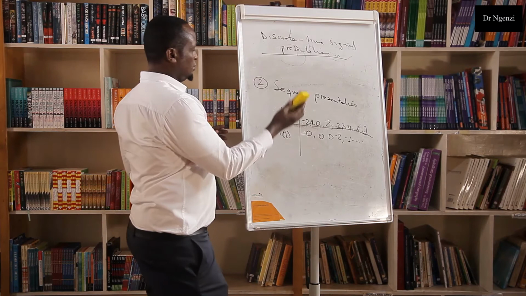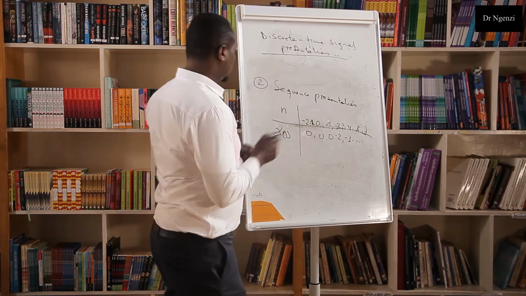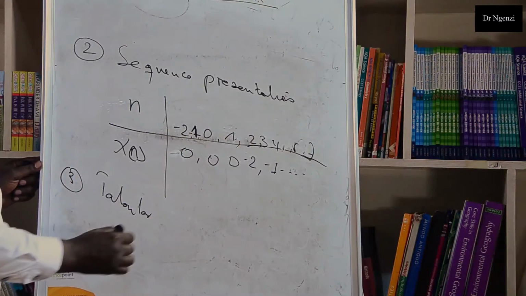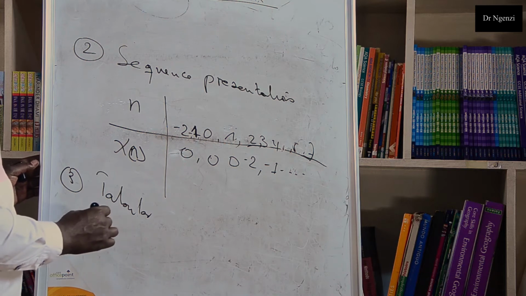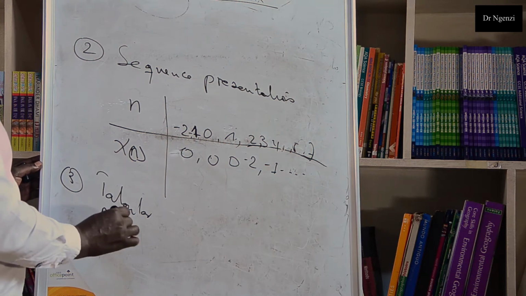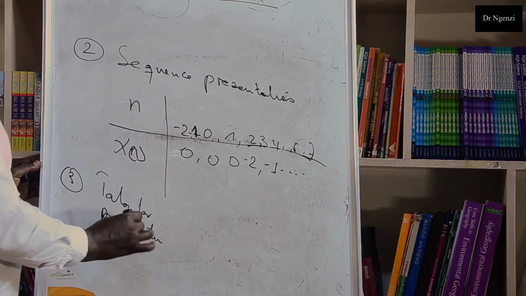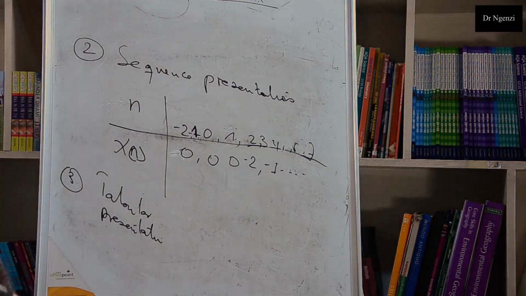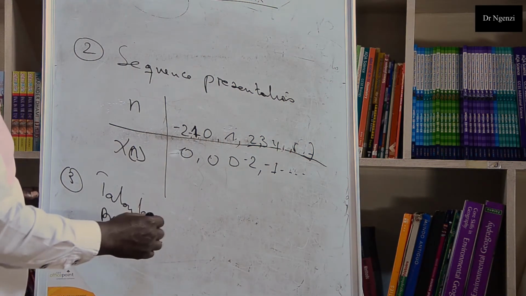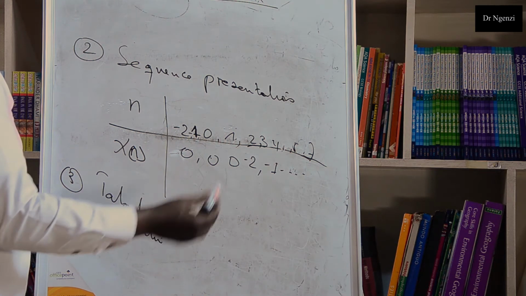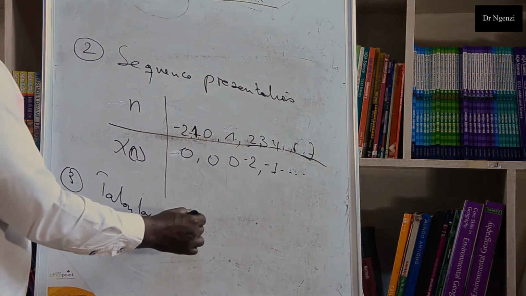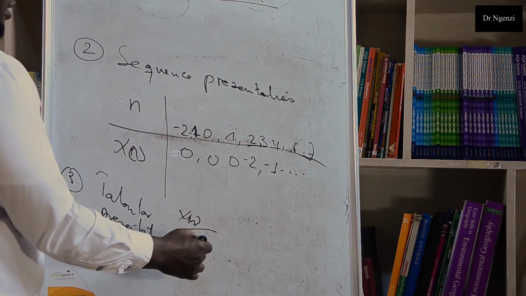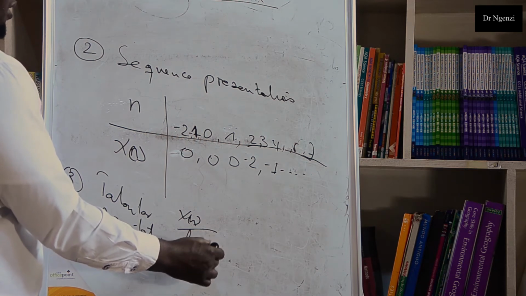We can also have tabular presentation, which of course is in tables. It can be, for example, x of n, or any impulse response, as we shall see.